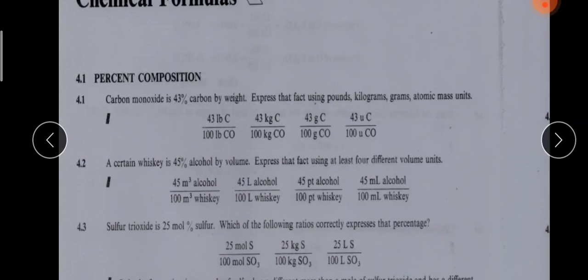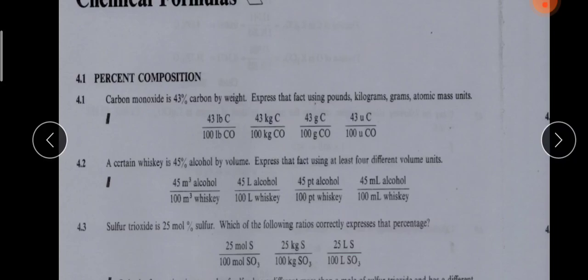By weight means you can say 43 pounds carbon present in the 100 pounds of the carbon monoxide. Or you can say 43 kilogram of the carbon present in the 100 kilogram of the carbon monoxide. Or 43 gram of the carbon present in the 100 gram of the carbon monoxide. Or 43 atomic mass unit carbon present in the 100 atomic mass unit carbon monoxide. Like this. Very simple it is.